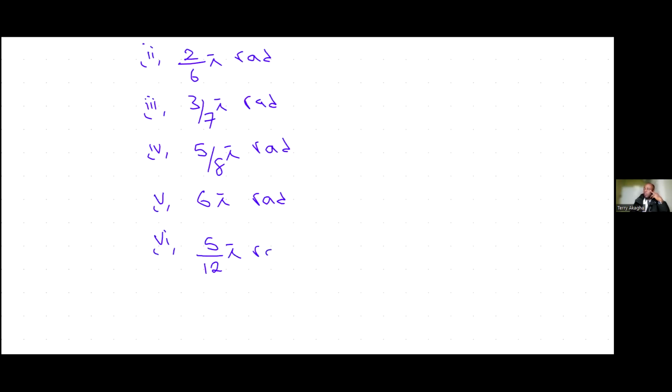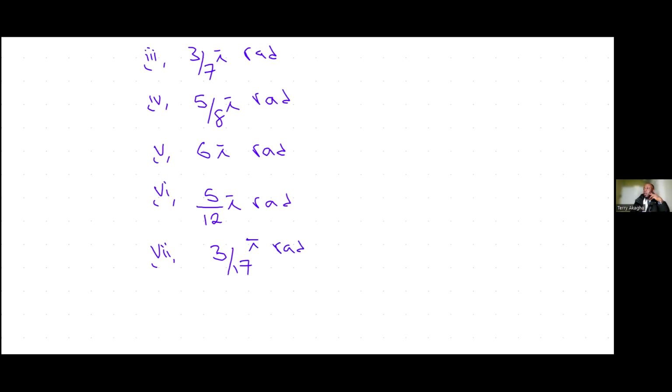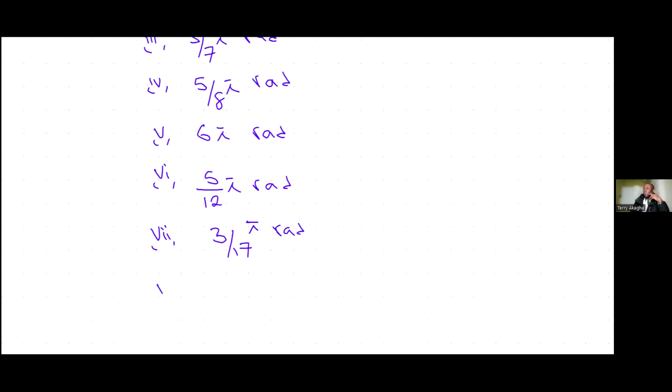And number 7, not 3 over 12, sorry, 3 over 17 pi radian. Number 8, 22 over 7 pi radian.